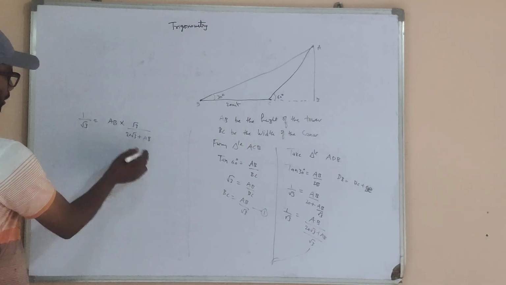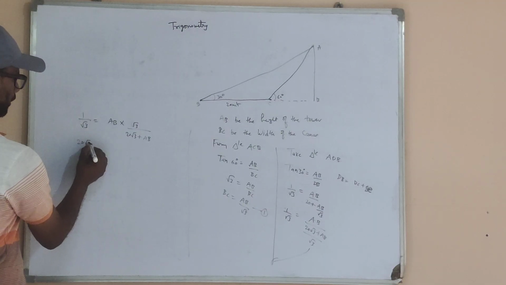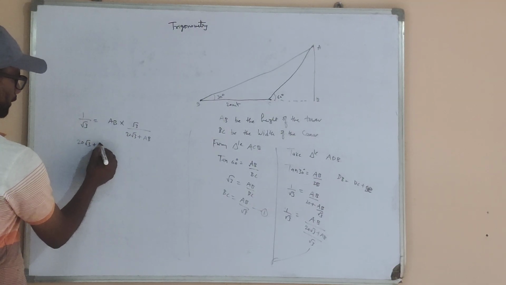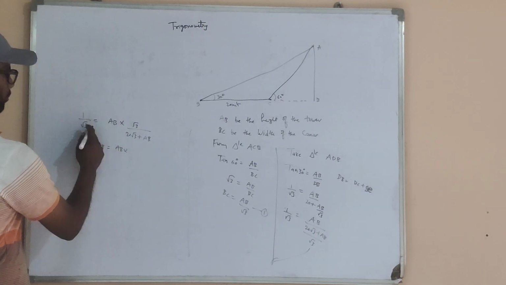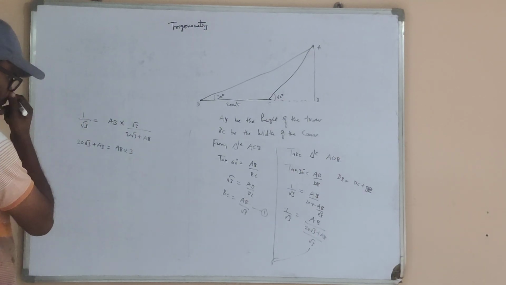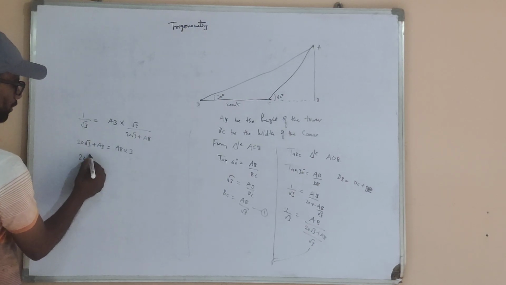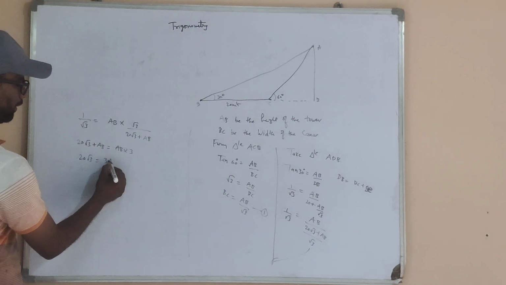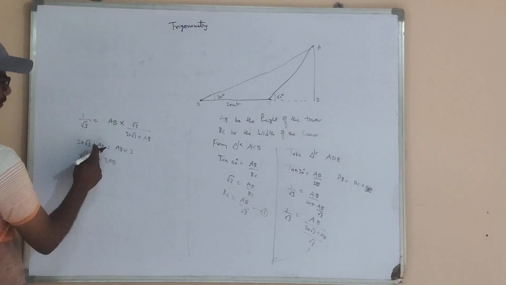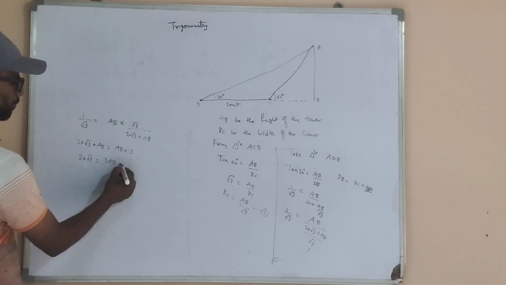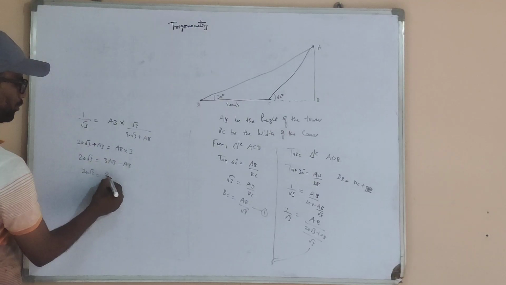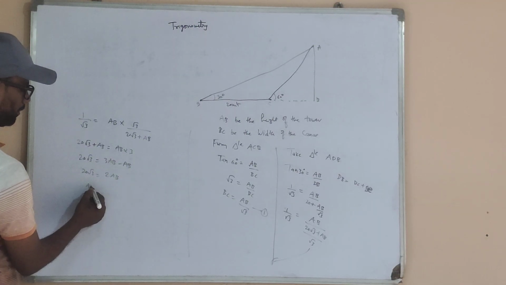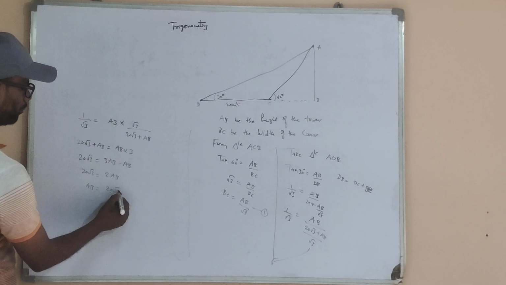Now do the cross multiplication. 20 root 3 plus AB is equal to AB into root 3 into root 3, which is 3. So 20 root 3 is equal to 3 AB. If we transfer AB to this side, it becomes minus AB. 20 root 3 is equal to 2 AB. AB is equal to 20 root 3 by 2.